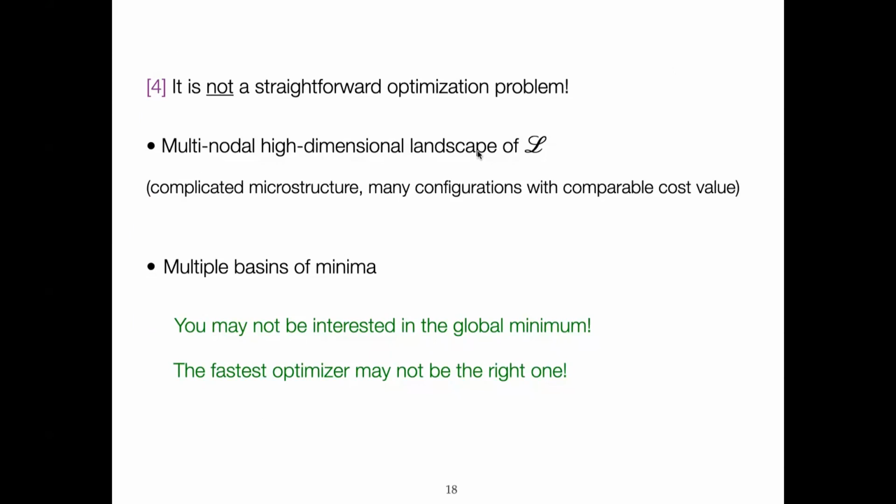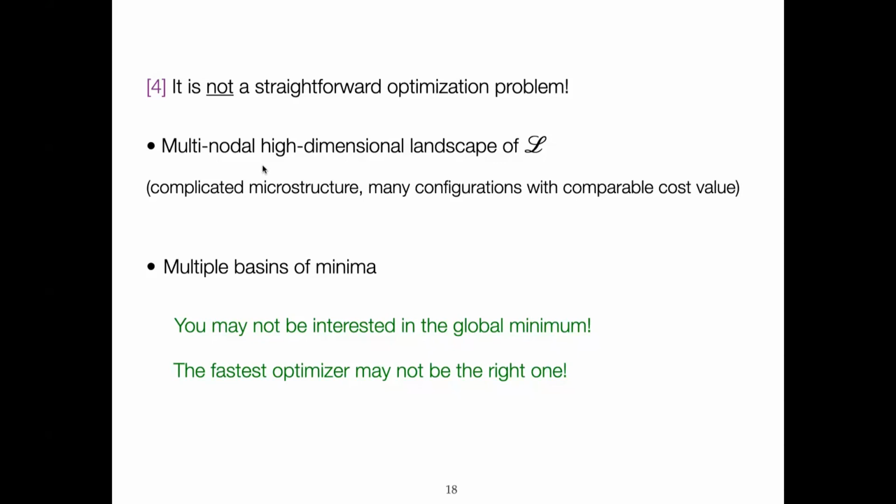You may have millions of parameters, so you have to do optimization in a million-dimensional space. And the landscape of that loss function, or cost function, is a high-dimensional multimodal landscape with very complicated microstructure. It's basically glassy. And there are many configurations with comparable cost value.